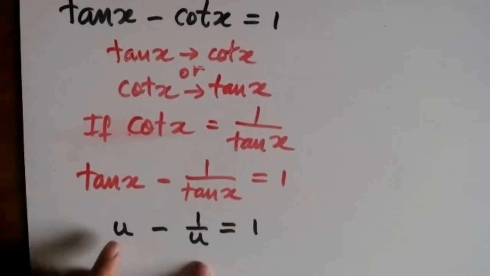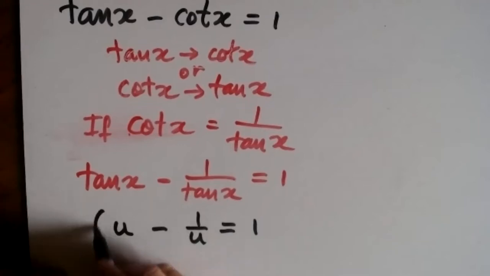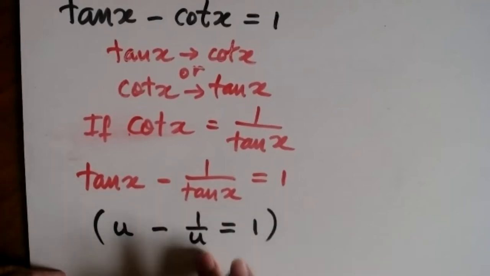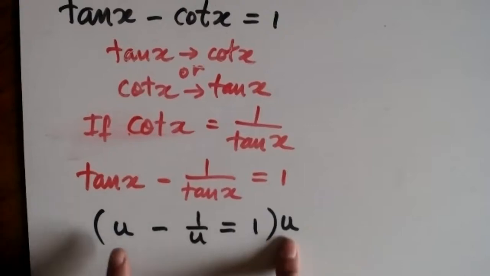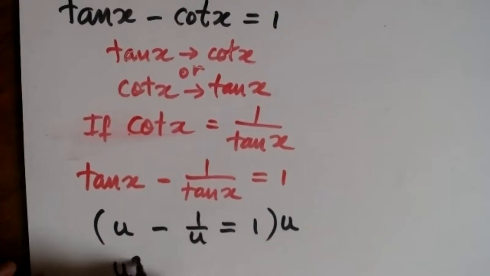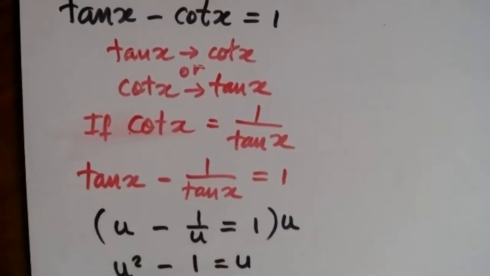Okay. Remember, when you have fractions and you don't want fractions, it's a good idea if you multiply the equation by the denominator you have. In this case, to cancel this u, you multiply the entire equation by u. So you multiply u times u, u squared. u over u, 1. 1 times u, u.